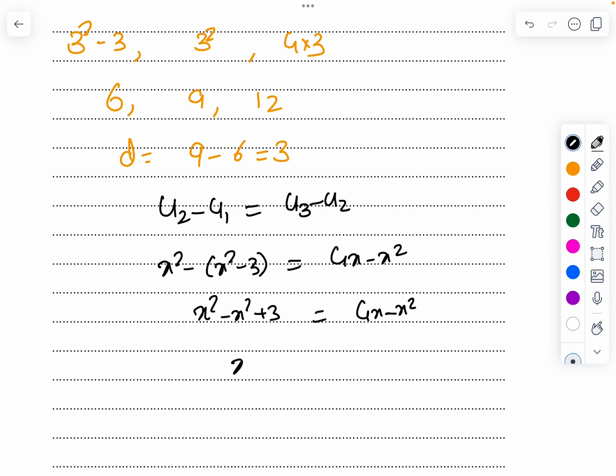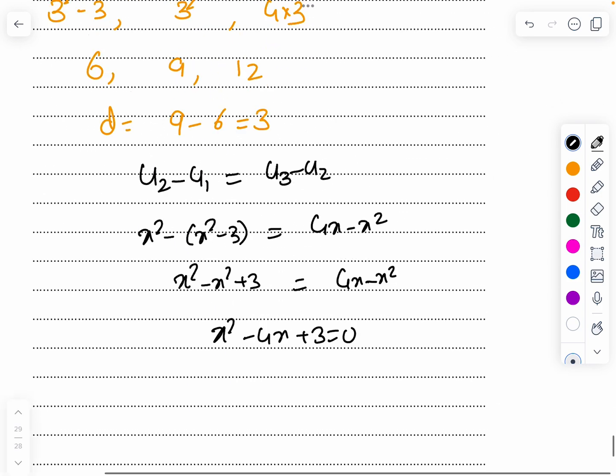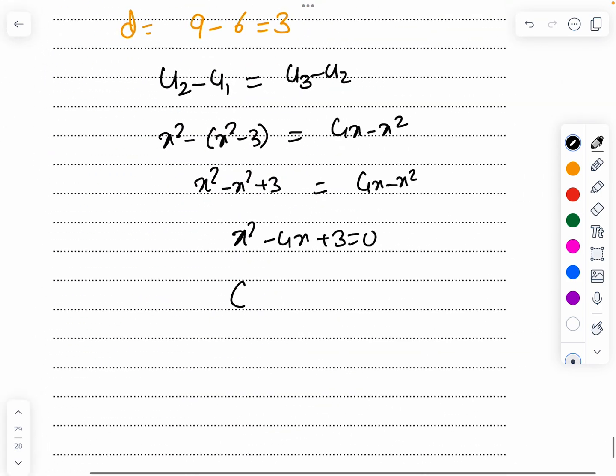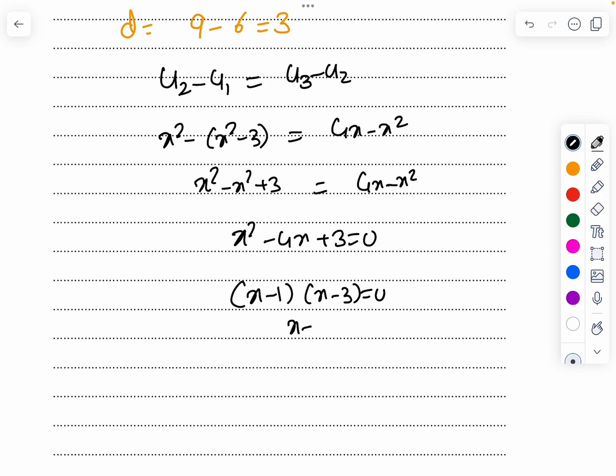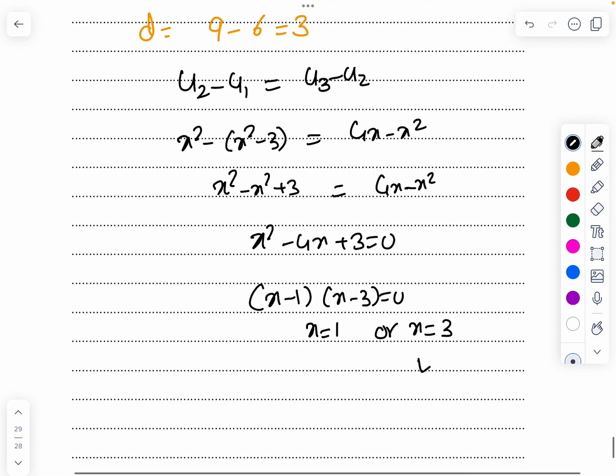Bring all the terms to one side, x square minus 4x plus 3 equals 0. Factorize it, (x minus 1) times (x minus 3) equals 0. Either x equals 1 or x equals 3. So 3 is already given, so the other value is 1.